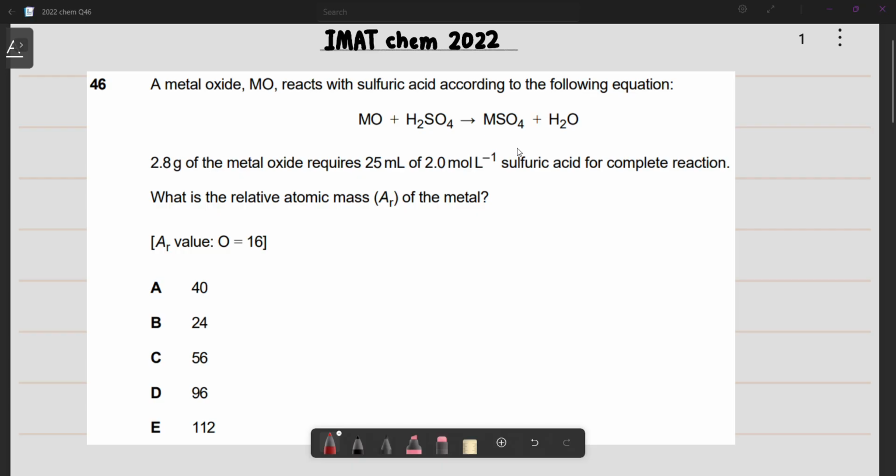Okay, so this means that here we have 1 mole, 1 mole, 1 mole, and 1 mole. So meaning that this is 1 to 1 mole ratio of a reaction. So we don't have to worry about dividing or something. So whatever values we'll calculate, we'll just substitute for that substance we're trying to find.